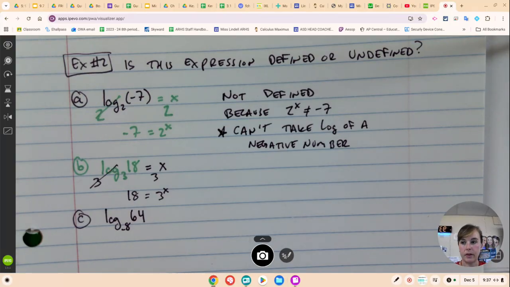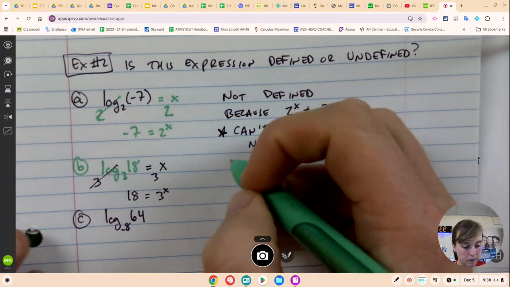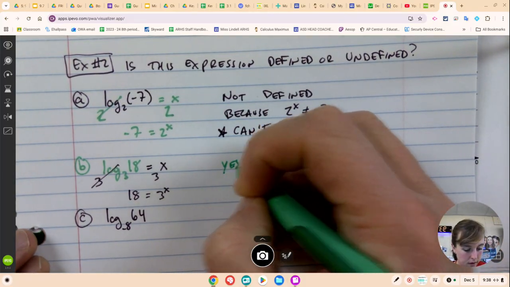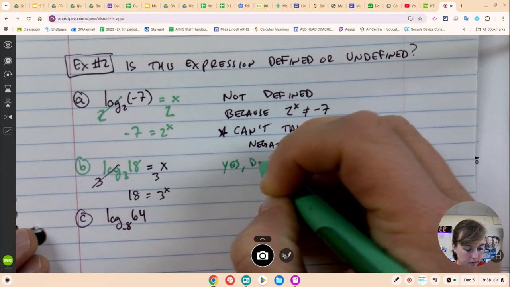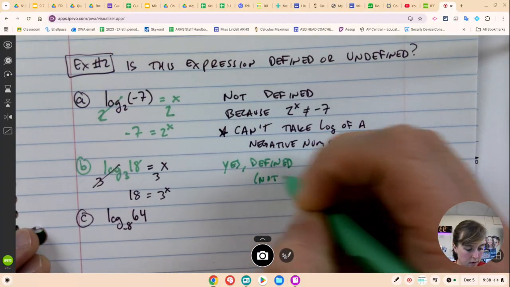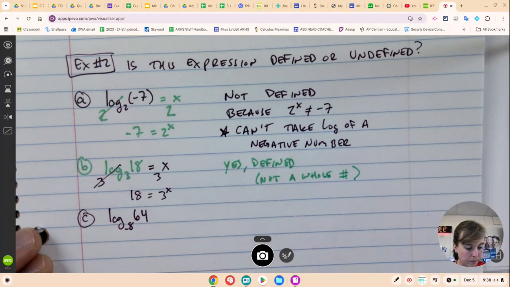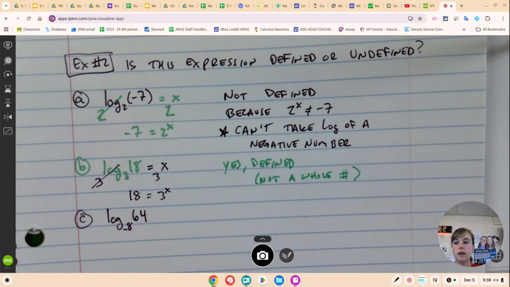So yeah, this one is defined. It's just not a nice even whole number. Not a whole number, but it is defined, which is good.